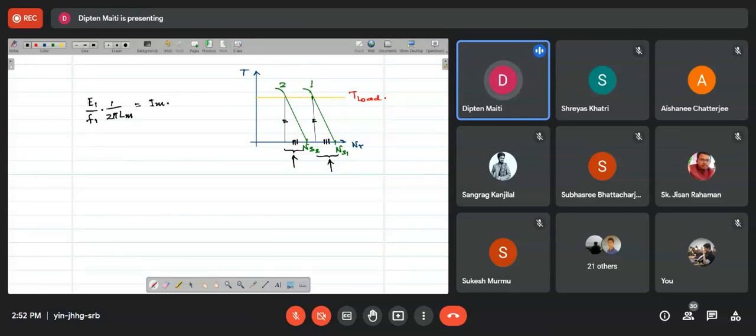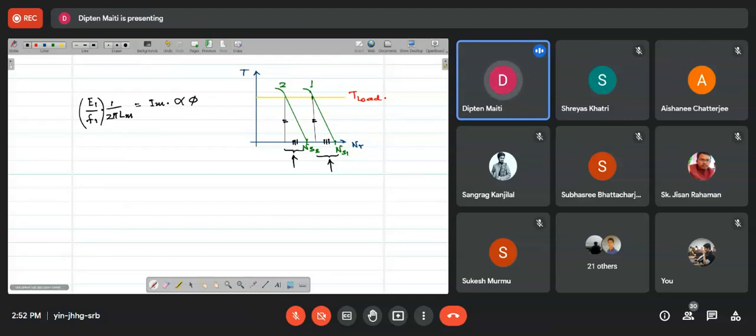So if we keep E1 by F1 constant, that means the magnetizing current remains constant, and that also means, since this is the source or the cause of the flux through the induction motor, the flux remains constant. So keeping E by F or V by F constant means keeping the flux constant.